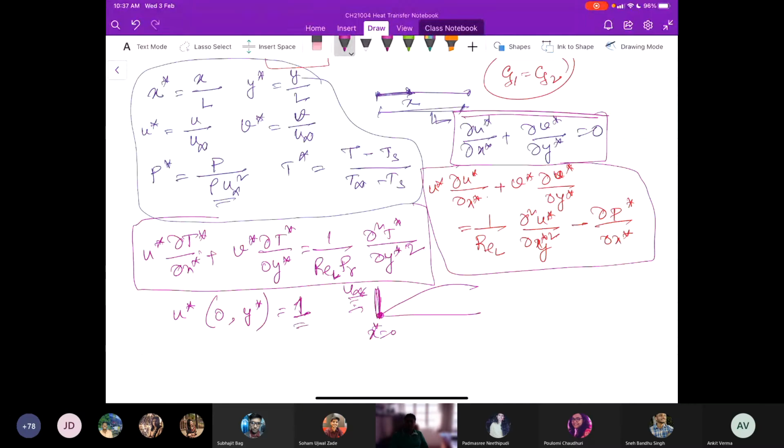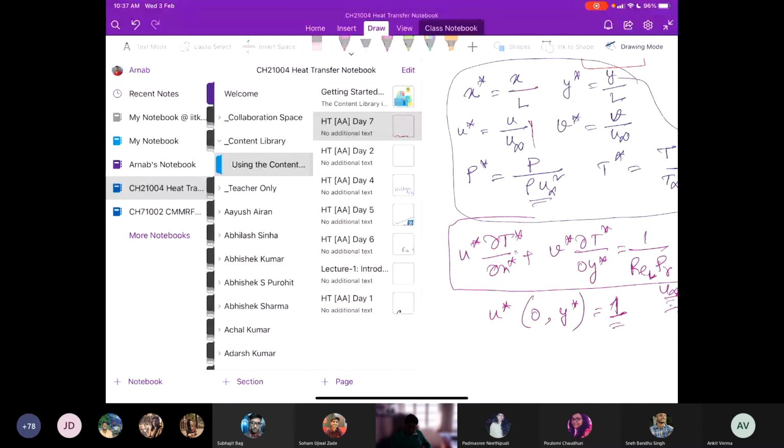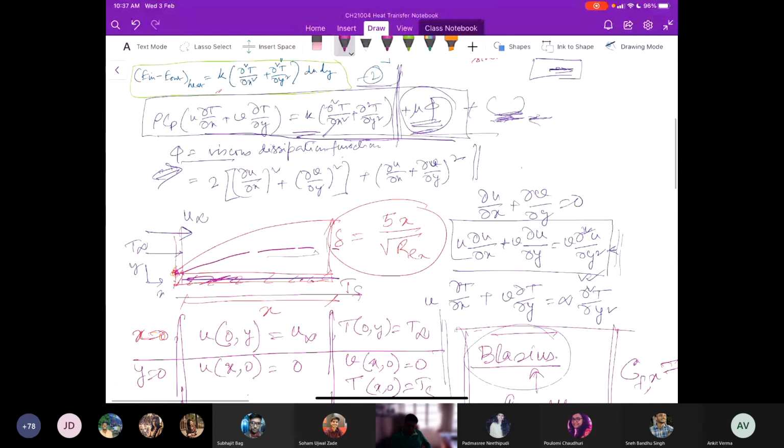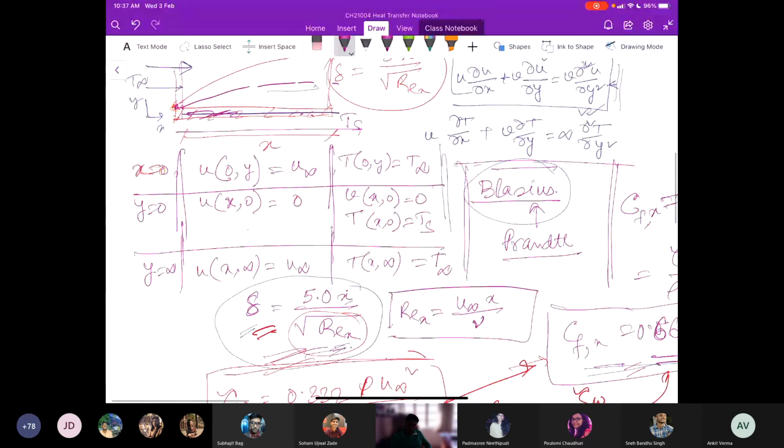That is why it is 1, because we have non-dimensionalized that by dividing by u infinity. Clear? So all the dimensional boundary conditions that we showed in the last class can also be non-dimensionalized based on those parameters.